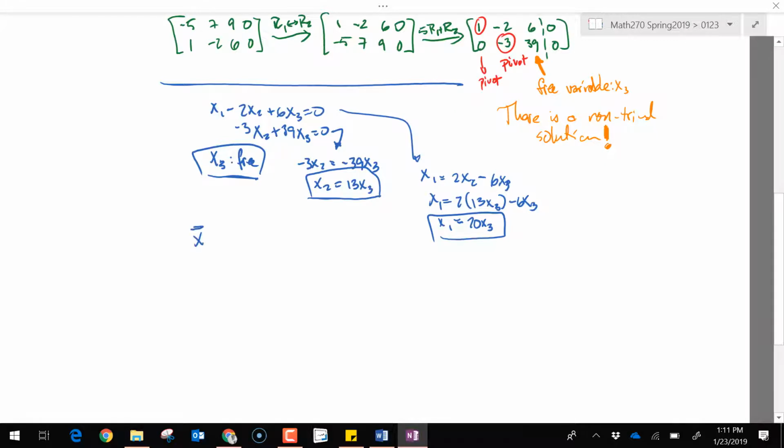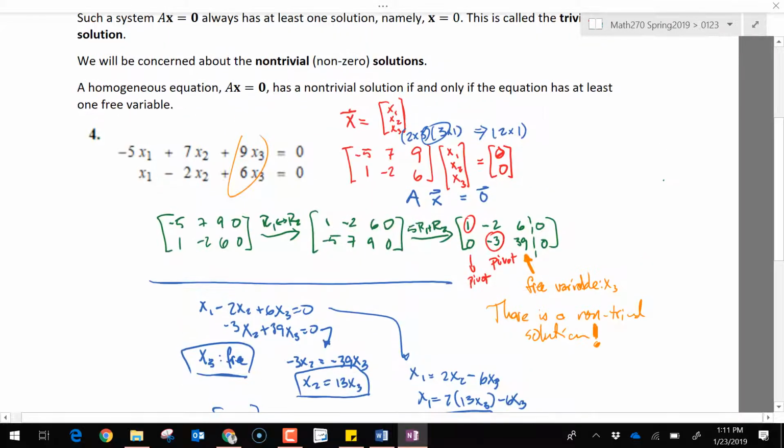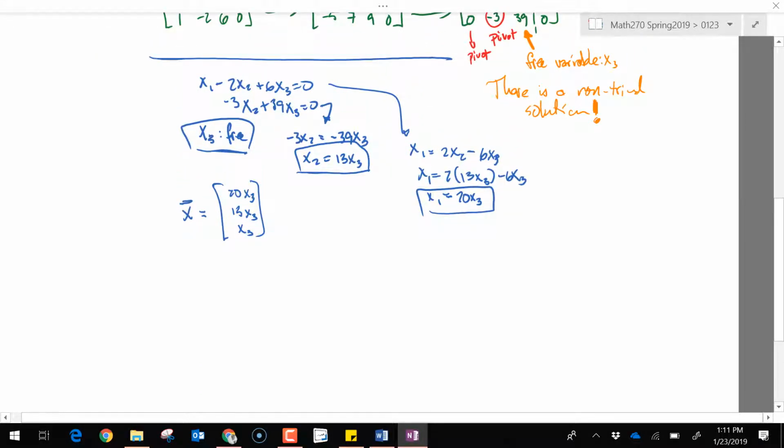So your solution is going to be equal to 20 x3, 13 x3, and x3 is free. Remember the solution is going to be x1, x2, x3, and so I just replace x1, x2, and x3 with what we had found. And because x3 is a free variable, you can kind of take that out.